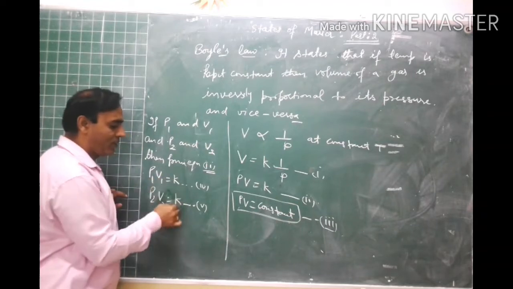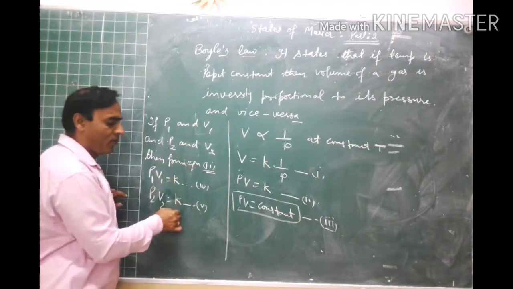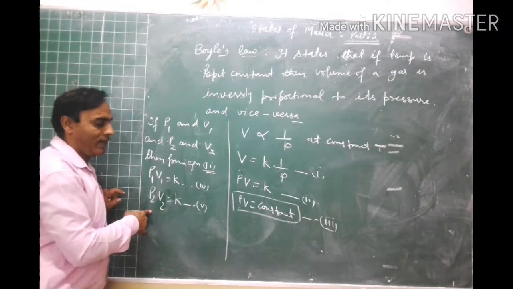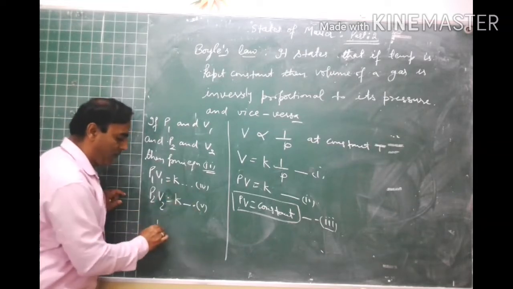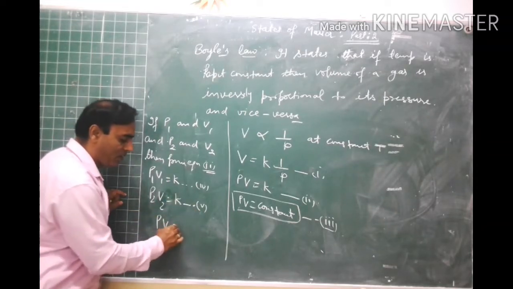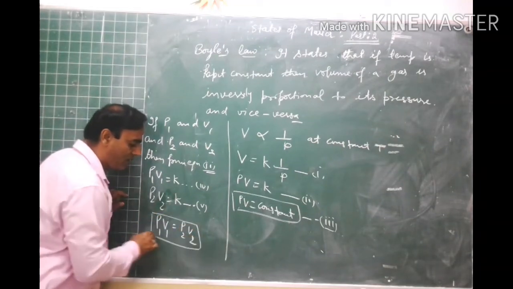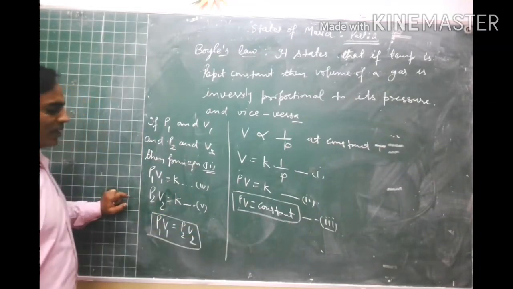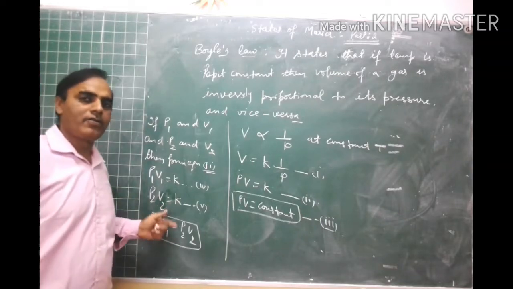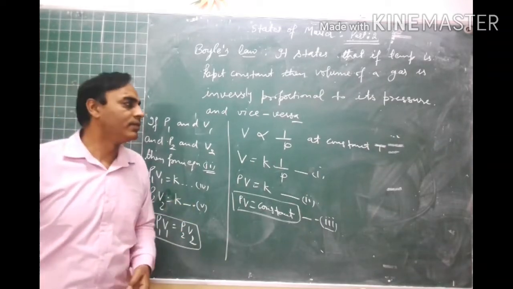Now both these equations are equal to K. So we can write from equation number 4 and 5, P1 V1 is equal to P2 V2. This is another mathematical form of Boyle's law, and it is used in solving numericals.